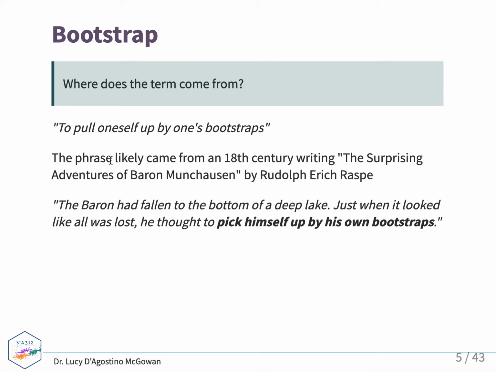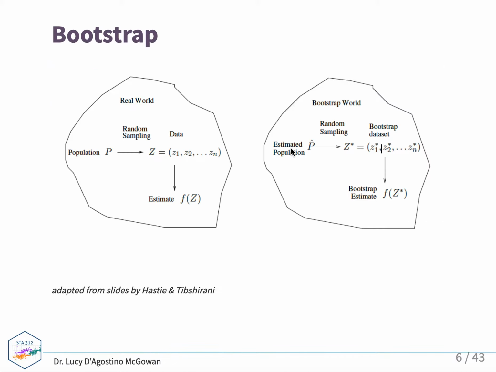That's the earliest known use of this phrase, or at least what gets propagated in the statistics community. When we're bootstrapping, we're using the observed data to help us estimate this distribution.